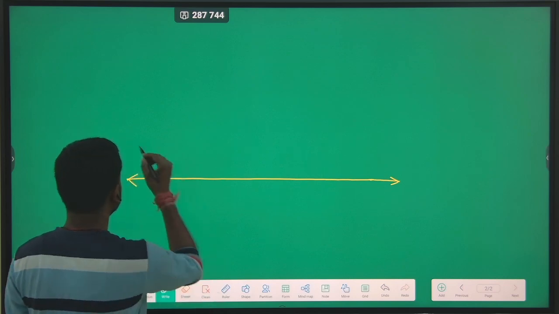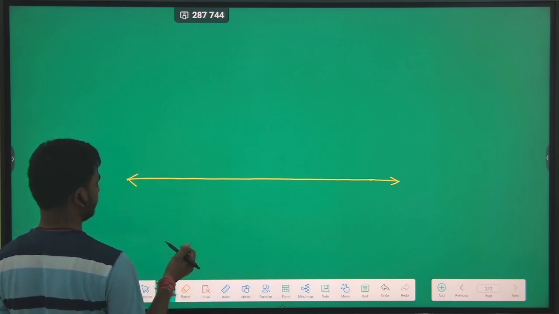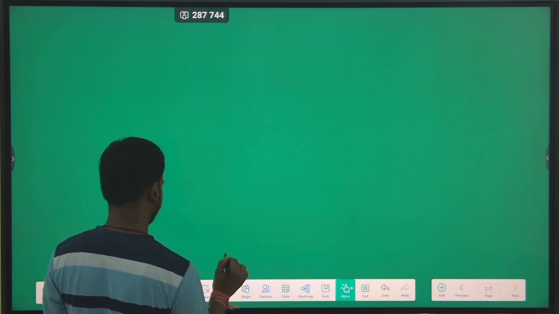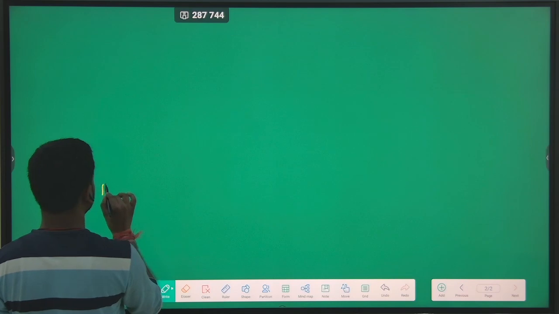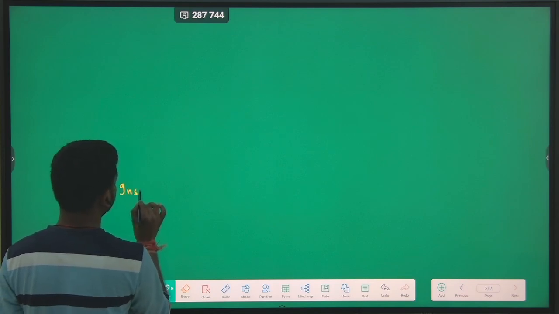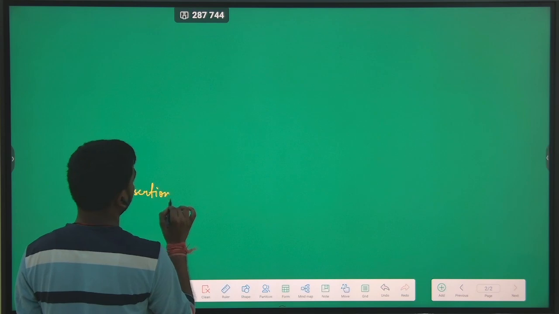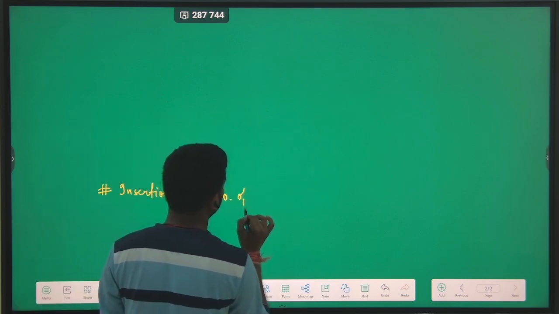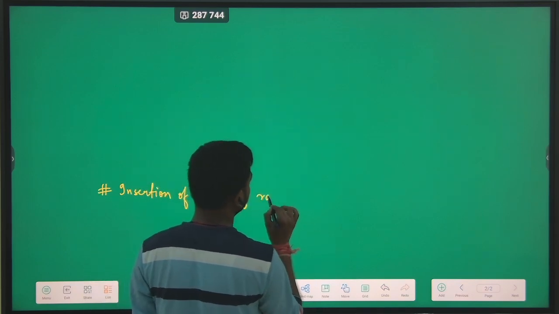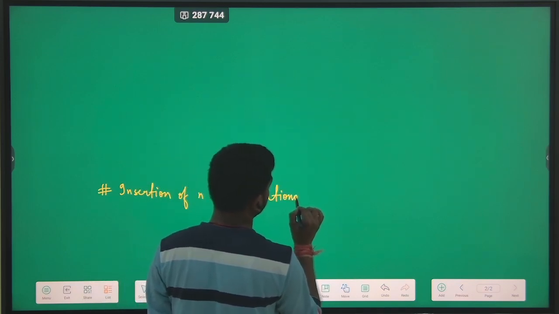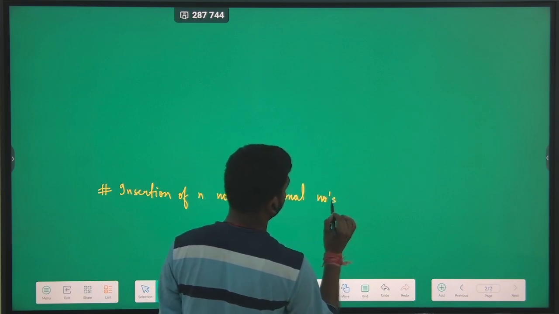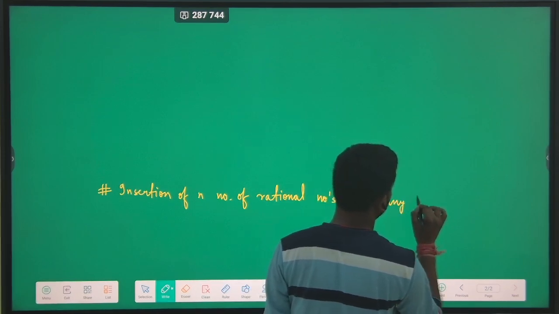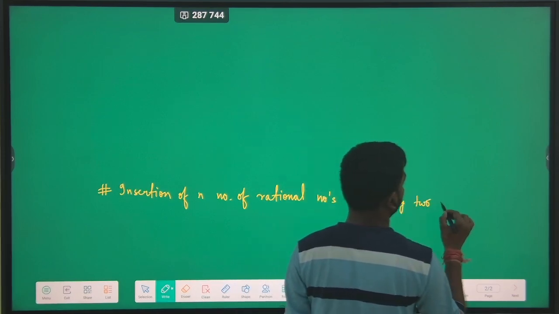So our topic is insertion of n number of rational numbers between any two rational numbers.